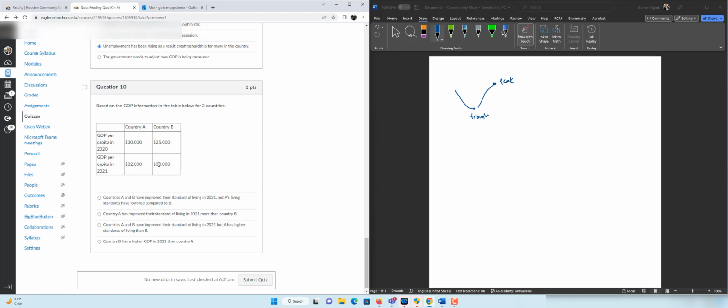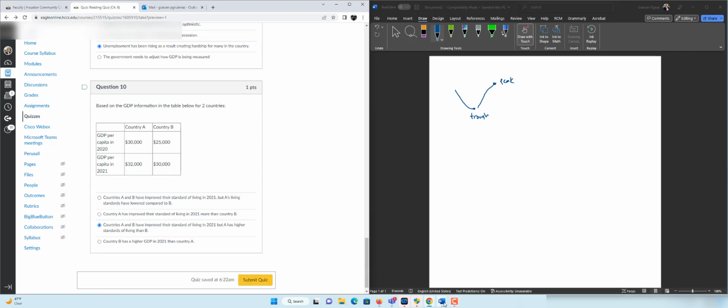So both countries A and B have improved their standards of living, but country A has higher standards of living than country B. The reason is because per capita GDP in country A is higher than country B. So for that reason, this is the correct answer.